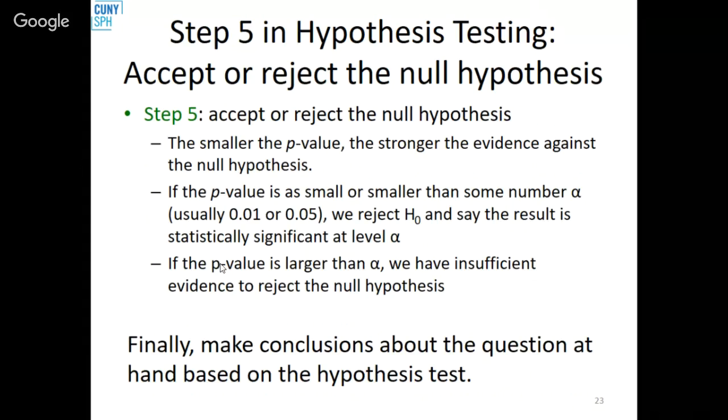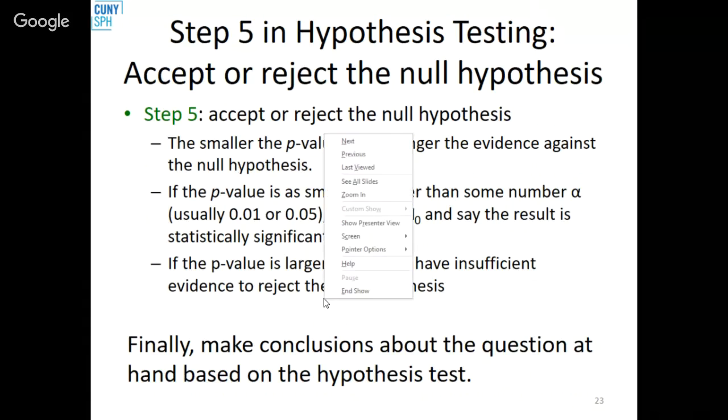But if the p-value is something greater than alpha, so a p-value of 0.06 or 0.3, if alpha is 0.05, then you have insufficient evidence to reject the null hypothesis, and you will accept it because the sample you have drawn is consistent with that assumption of the null hypothesis being true. And then finally, you make conclusions about the question at hand based on your hypothesis test.